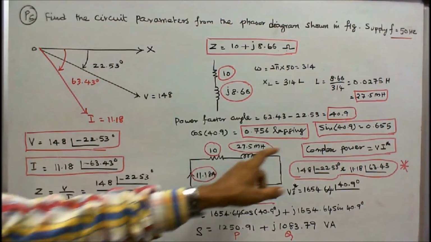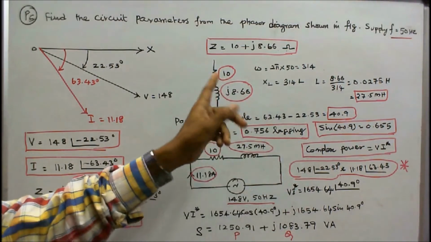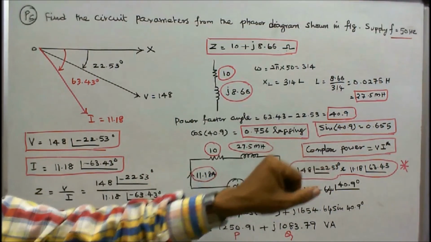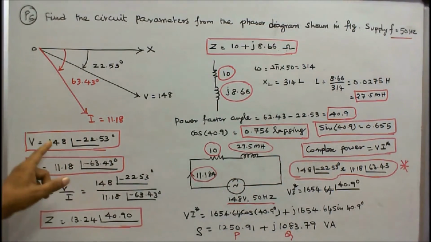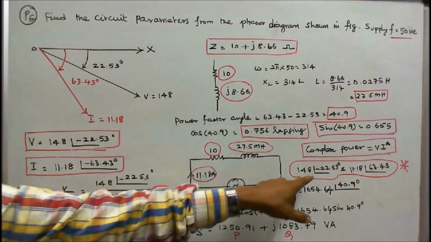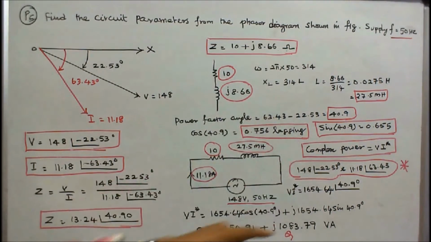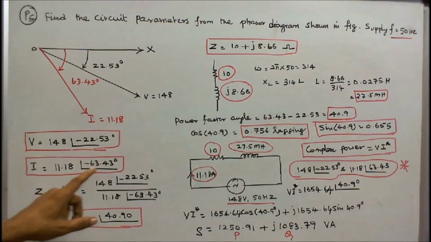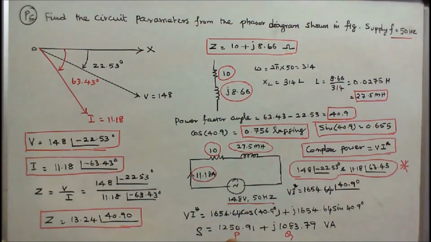Now I can find the complex power. P plus jQ can be written as V into I conjugate. V is 148 angle minus 22.53 into I conjugate. I is 11.18 angle plus 63.43.